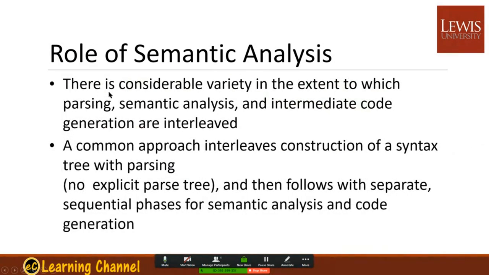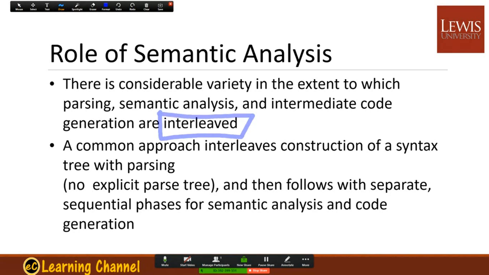There is considerable variety in the contexts in which parsing, semantic analysis, and intermediate code generation are interleaved. Even these three compiler stages may be interleaved, so each compiler has different processes. That's why in the beginning we showed you this GCC format, which is open source but a practical, realistic example.